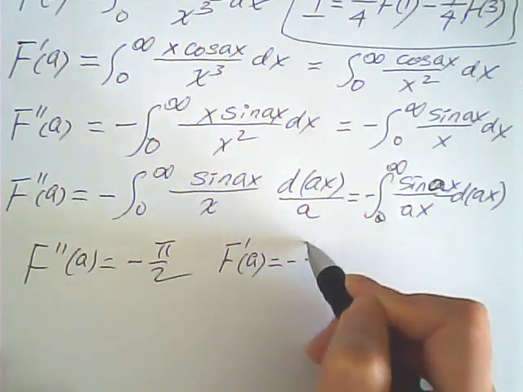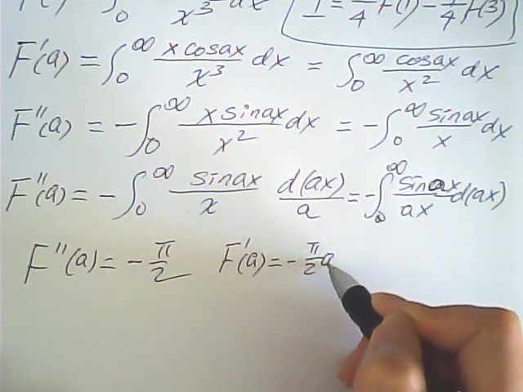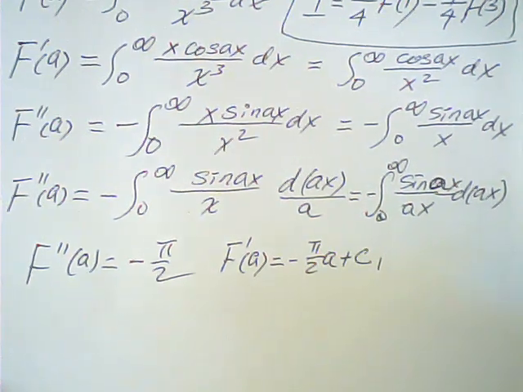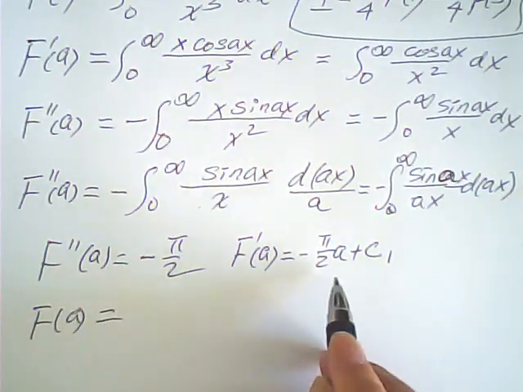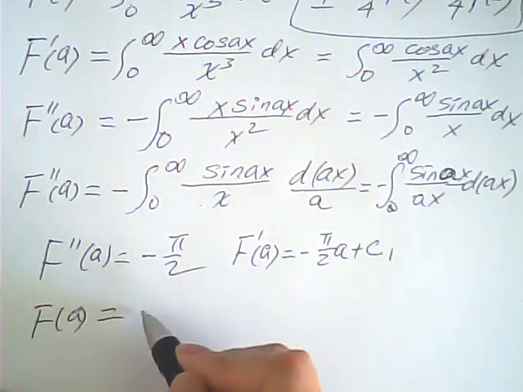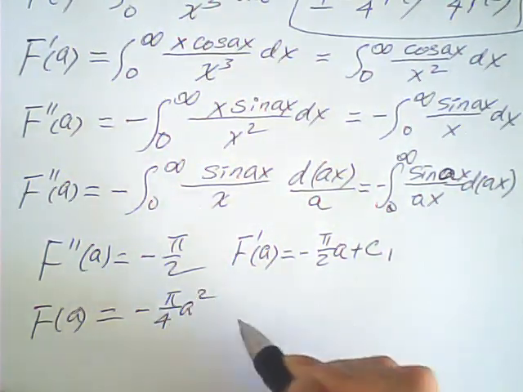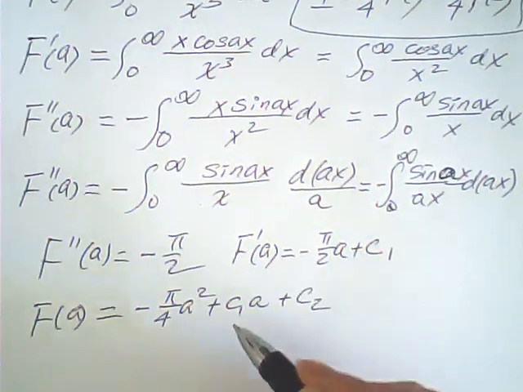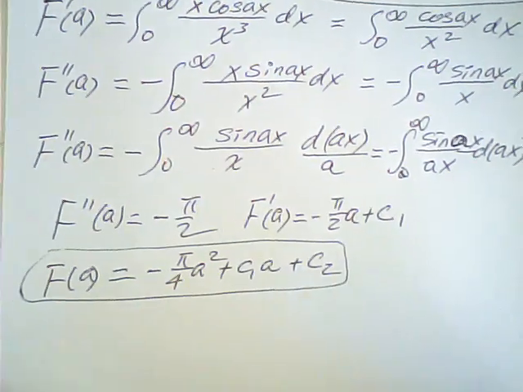This is equal to negative half pi. Plus C1. Yeah, that's correct. So finally I found f of a by integrating this one. So again, this is negative pi over 4 a squared plus C1 a plus C2. Yeah, so I found my f of a.